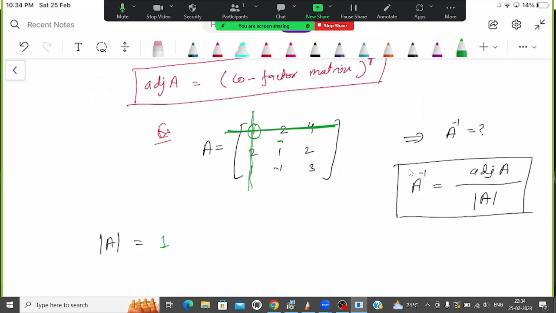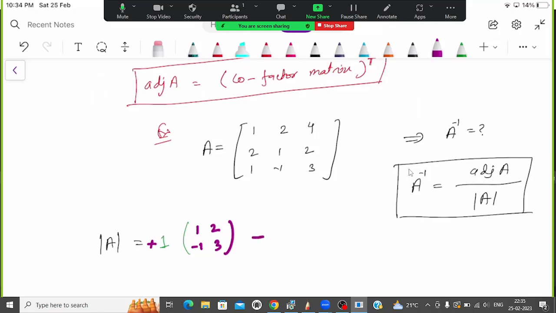So you write here 1 2, minus 1 3. Here it is plus.